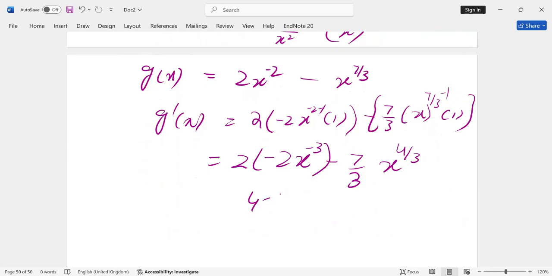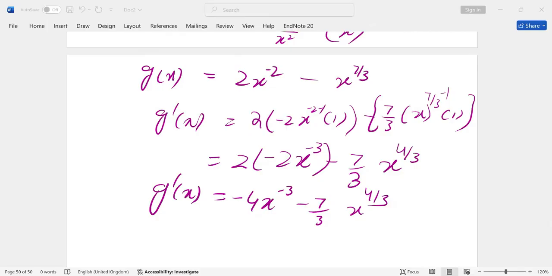So this is minus 4x^(-3) minus 7/3 x^(4/3). So this is the required answer of this question. Over here we also have a minus 4x cubed.